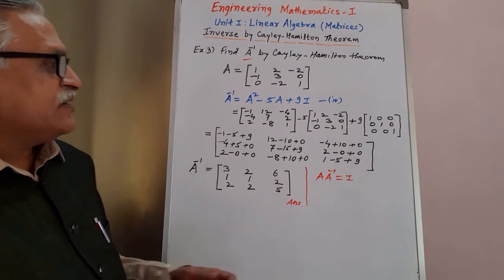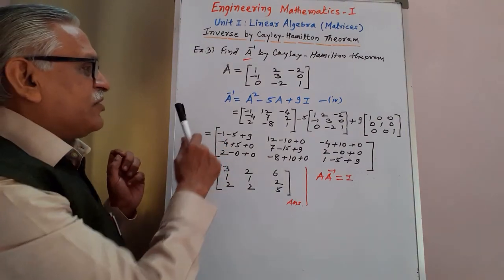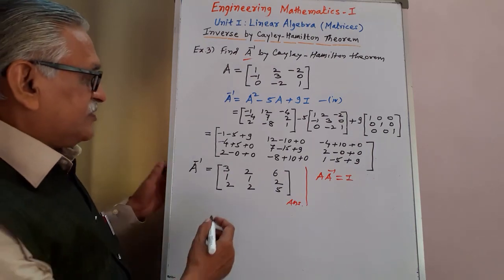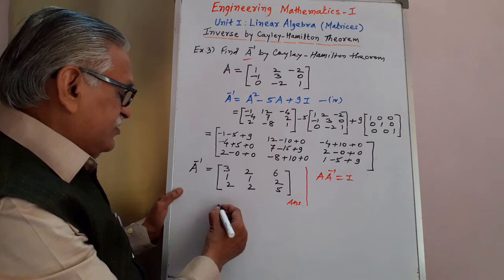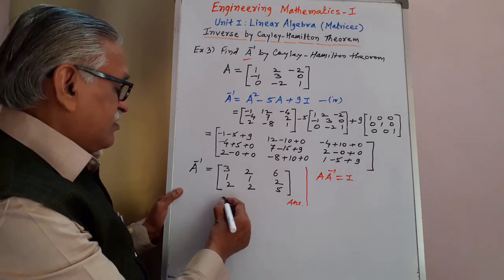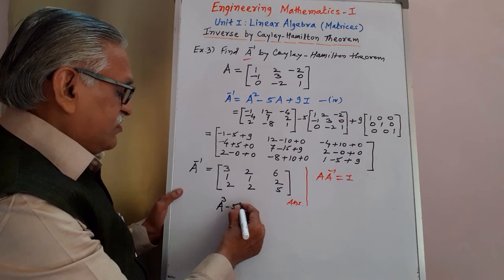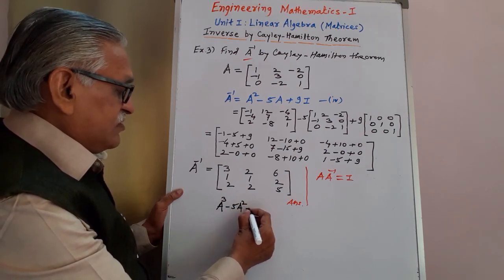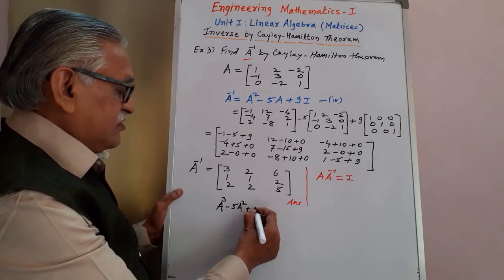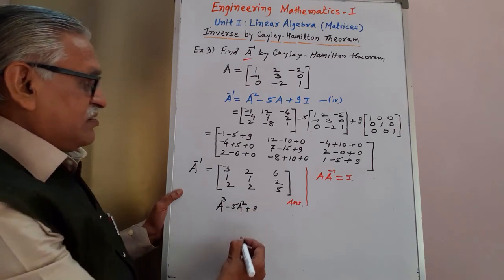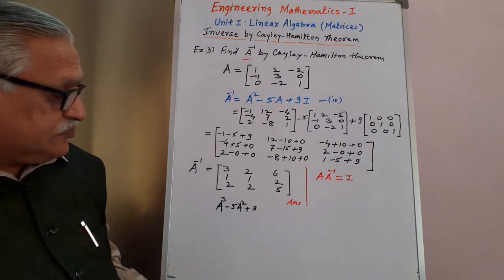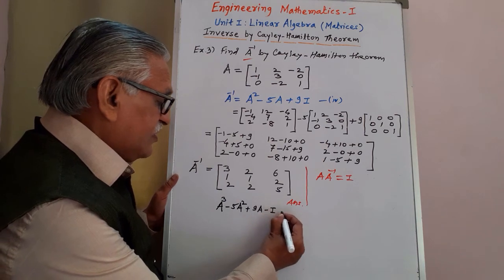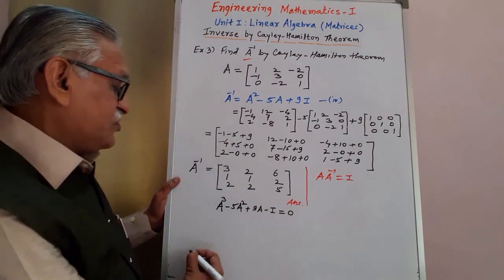We are supposed to apply this Cayley-Hamilton theorem, and therefore that equation is A cube minus 5A square plus 9A minus I equals 0.